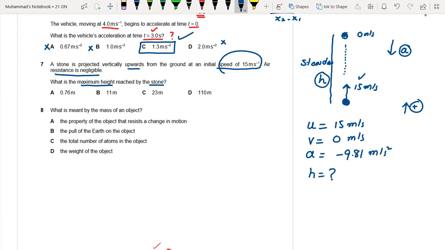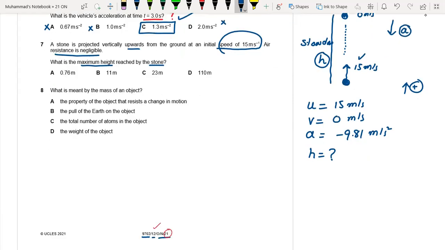Okay, so you know which equation is applicable. You already know that we have this equation: v is u plus at. This is the first equation, and the second is s is ut plus half at square, and then 2as is equal to v square minus u square.